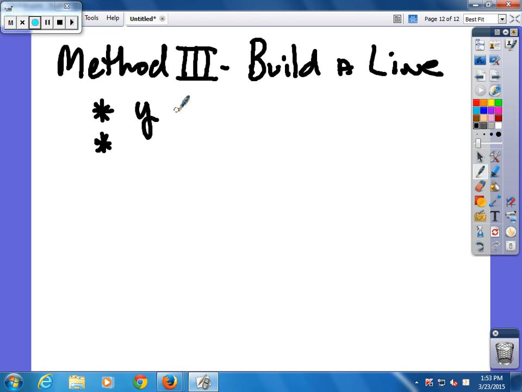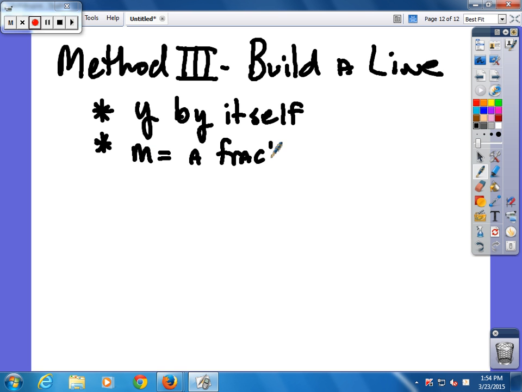One is when y is by itself. Well, method 1 does that too. Yeah, but the second one is where you really use it. And that's when m is equal to a fraction. That's the best time to use this type of method.